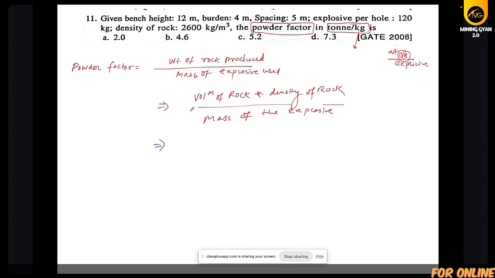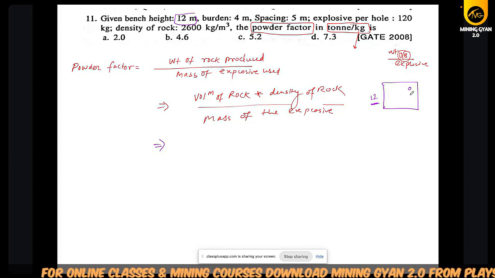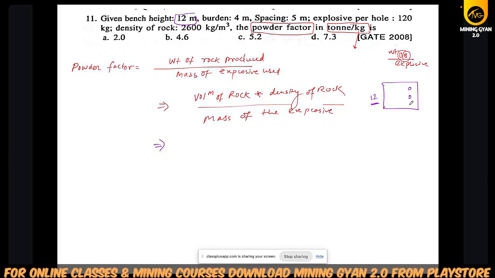So volume of the rock, this is the bench, height is 12 meters, and spacing and burden are 4 and 5, 4 into 5, and height will be 12.